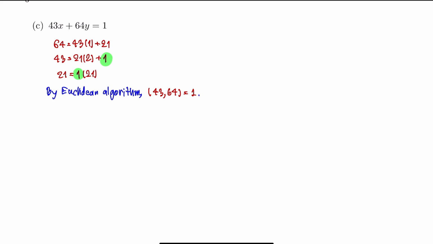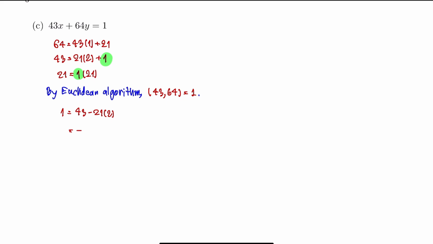And then we are trying to find integers x and y satisfying this equation. So we start from 1, which is 43 minus 21 times 2. And then we write 21 in terms of 64 and 43.